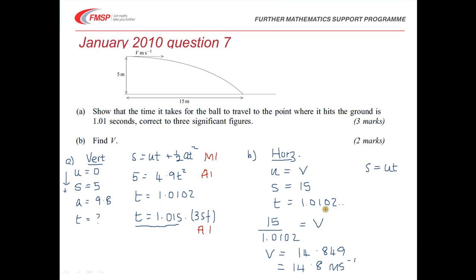To find v, you got a method mark for using speed equals distance, distance equals speed times time, and an accuracy mark for getting that velocity.